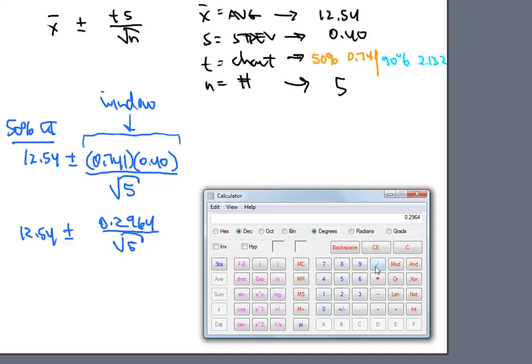So we are going to divide that by parentheses. And I need to put in the square root of 5. Well, this calculator is a little weird. The way that I have to enter it in here is 5 to the 1 divided by 2. Close it up, it's a half. Close it up again. That's 2.236. And then I hit enter. 0.132.